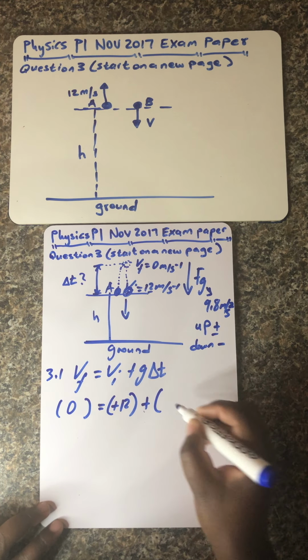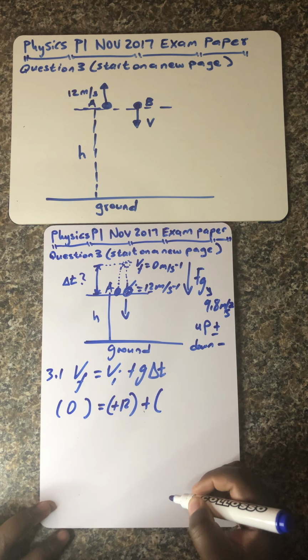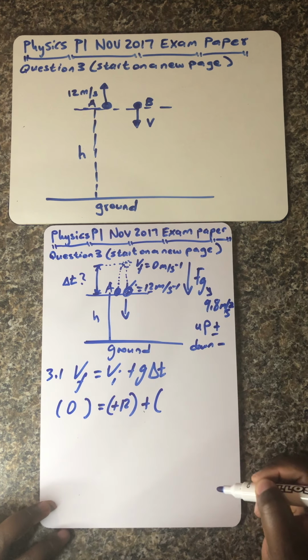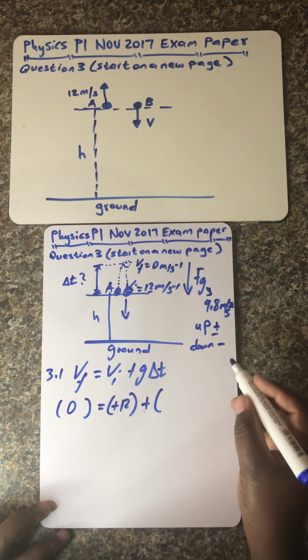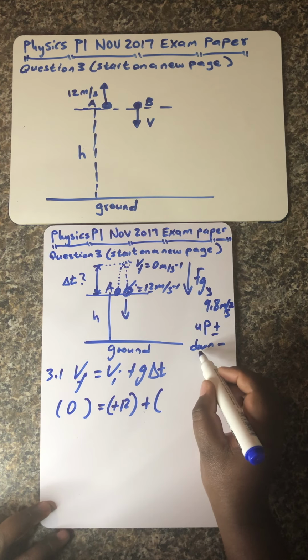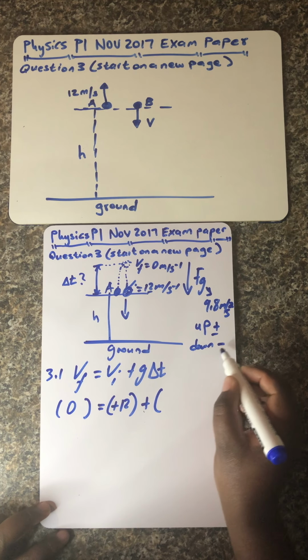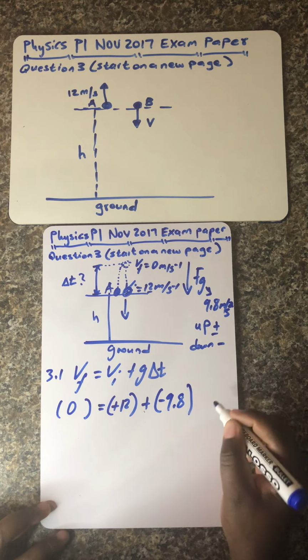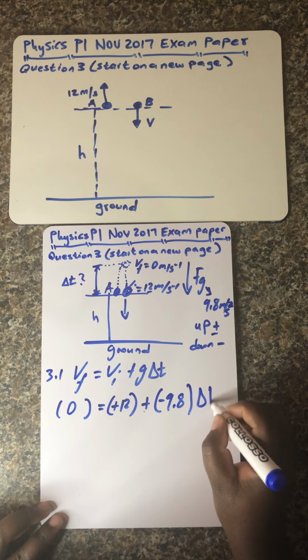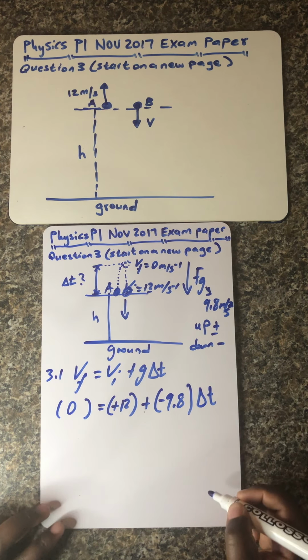Then plus, what about g, the gravity? Is it going up or is it going down? We know at all times g is going down. So because we use downwards as negative, we substitute it as negative 9.8, close brackets, change in t, which is what we are calculating.